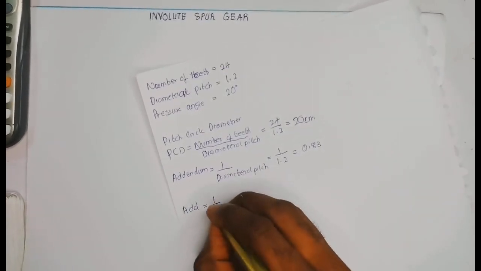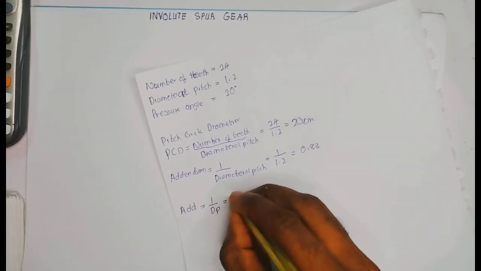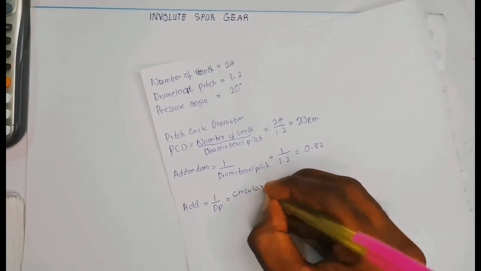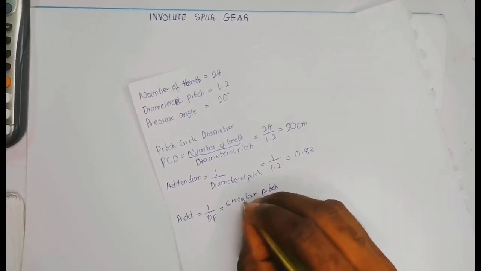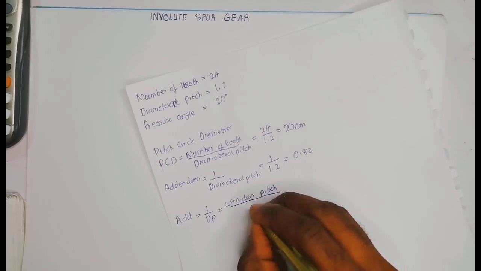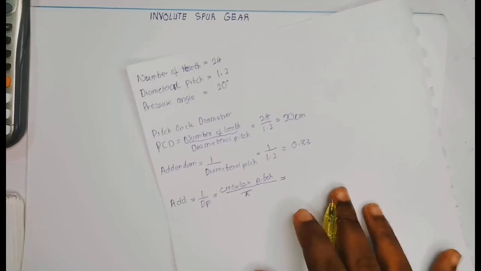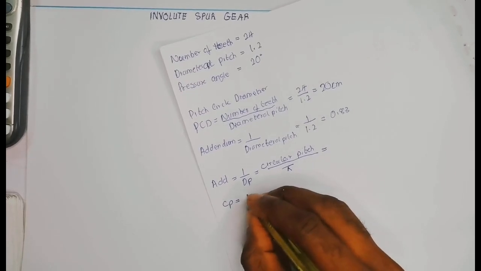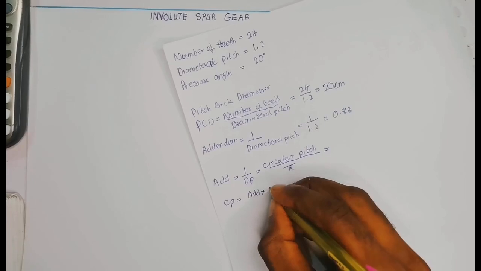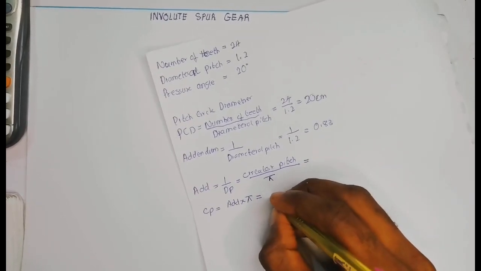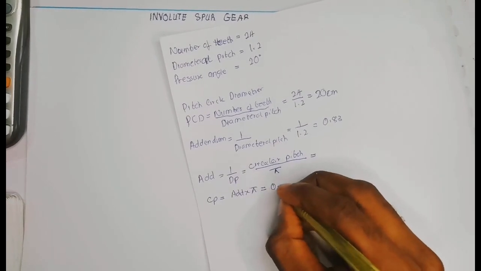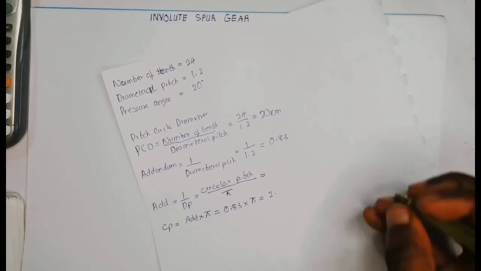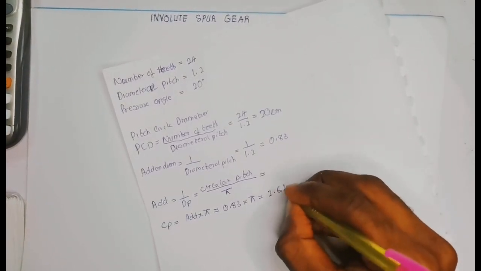Addendum is 1 over dp, also equal to CP, which is our circular pitch, all over pi. So CP is equal to addendum times pi. Now addendum, we calculated earlier, which is 0.83 times pi. The answer for this is 2.61.